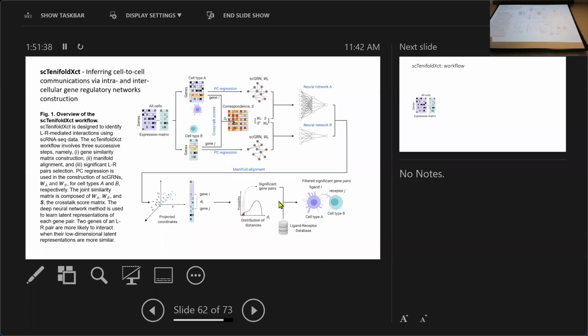So not only do you have the information from the network, you also have their interaction, how strong their relationships are.